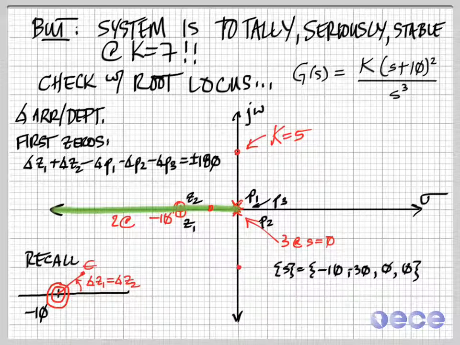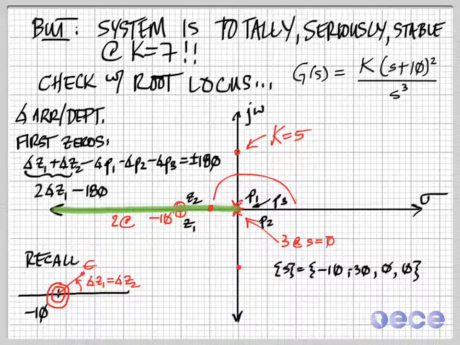So, because this is the case, we can rewrite angle z1 plus angle z2 as 2 angle z1. At this point epsilon, which is really close to the zeros, the angle of the poles is going to be minus 180 for each pole, because the angular difference here for each one of the poles is going to be minus 180.